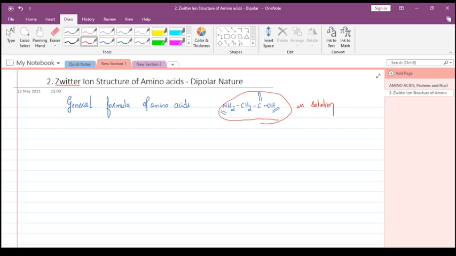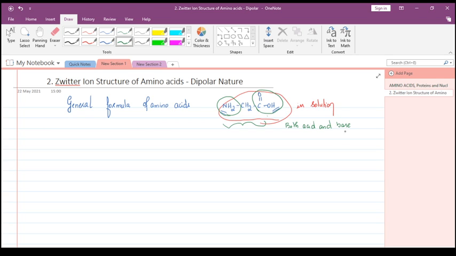The main reason for the amino acid to act as a charged molecule is that the amino acid contains mainly two groups: one is an acidic group and another one is a basic group. That means the same molecule contains both acid and base. This is the reason why these amino acids in solution exist as charged molecules.